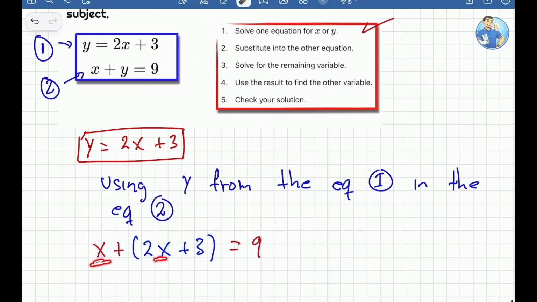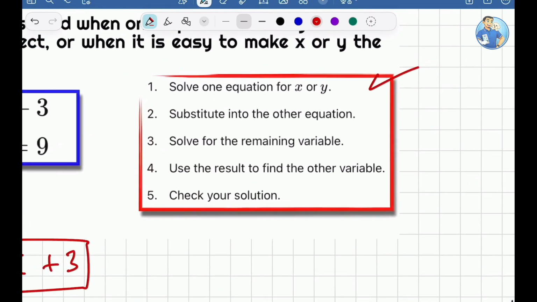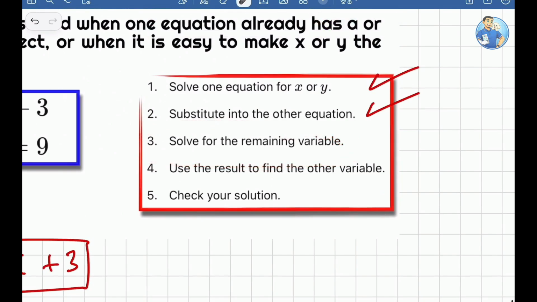We have x. So this means that we can solve using algebra and find x by isolating the x. So here we have step number 2, substitute into the other equation. This is number 2. The number 3, solve for the remaining variable.